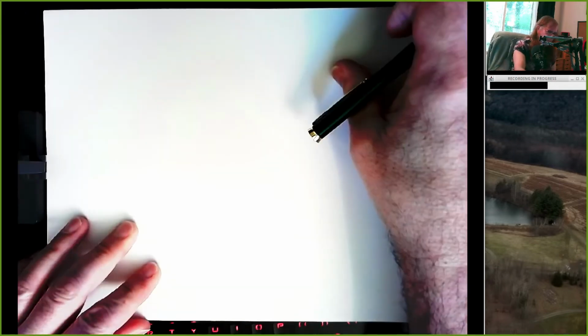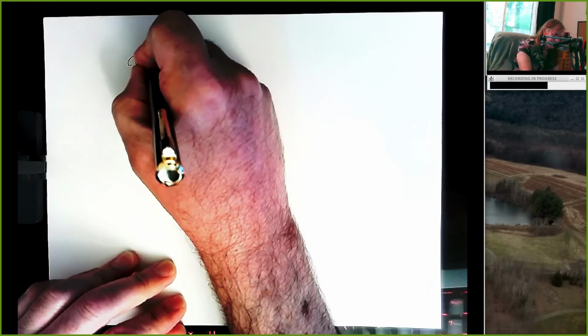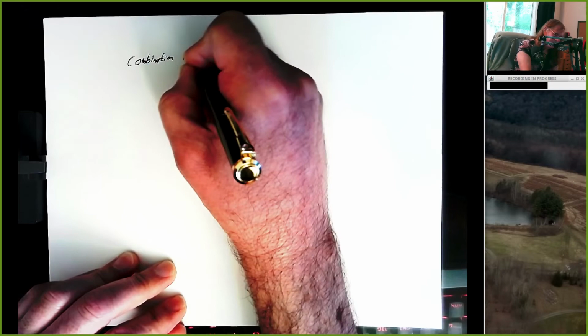All right, so let's look at applications. So let's suppose we want to build a combination lock.